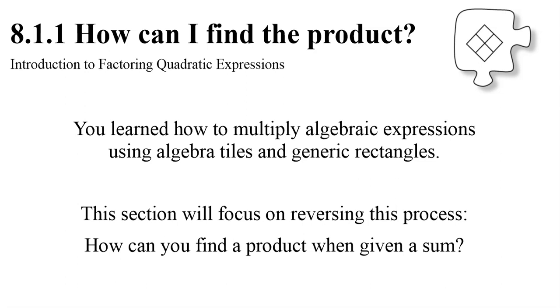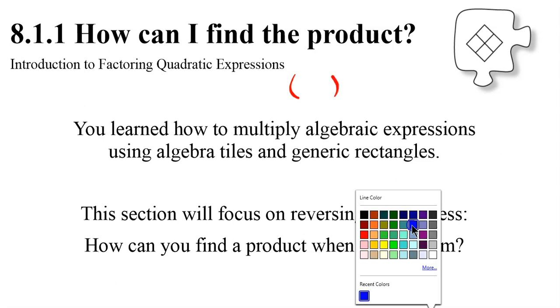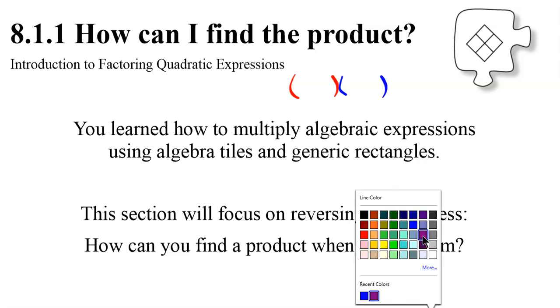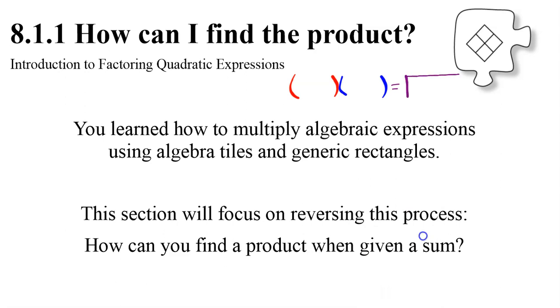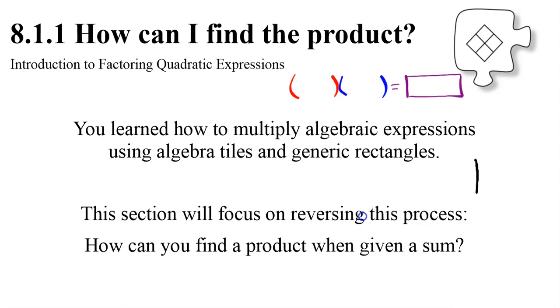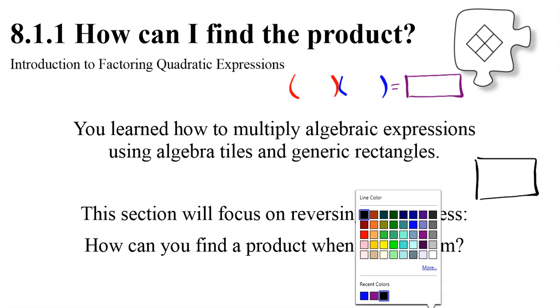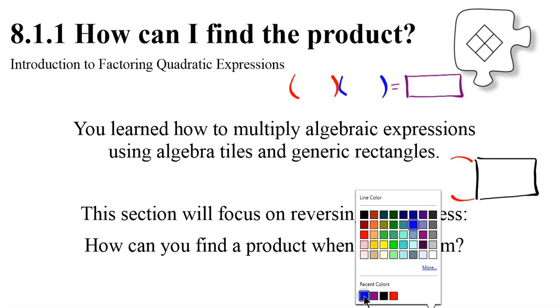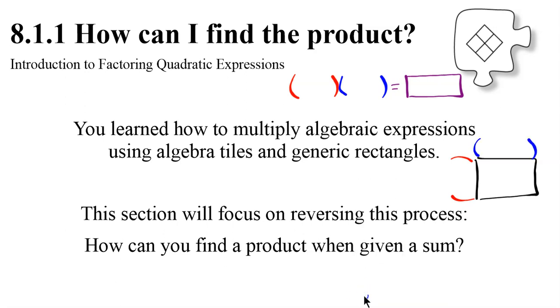So what we've done before is we've been given two things in parentheses. Two factors in parentheses, and we had to get it to equal something that was not in parentheses, and we've been using the area model for that, which is where we take a rectangle and we go base times height, and we put the two factors on either side, top and bottom, or side and top, however you want to say it, and then we have been multiplying.